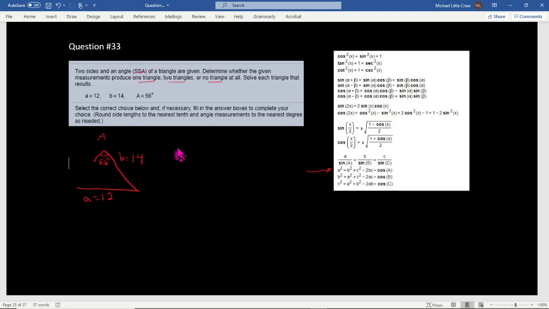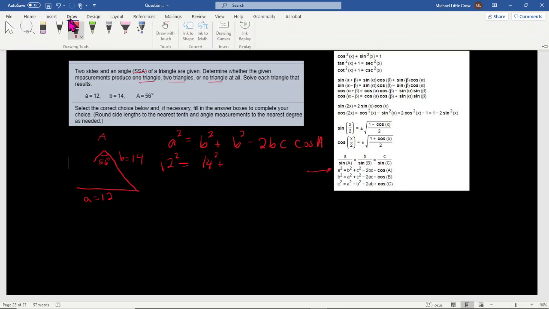Okay, so we're going to take this formula, a squared equals b squared plus c squared minus 2bc cosine of A. We're going to plug in the values we have, so 12 squared is equal to 14 squared. Not b squared, that's supposed to be c squared.